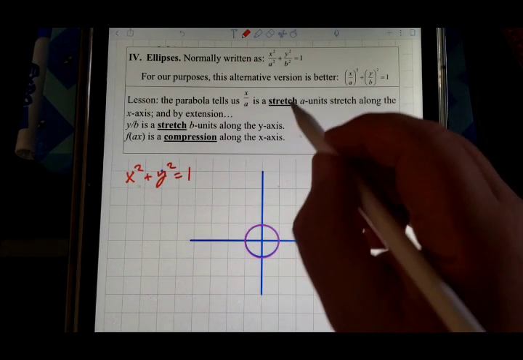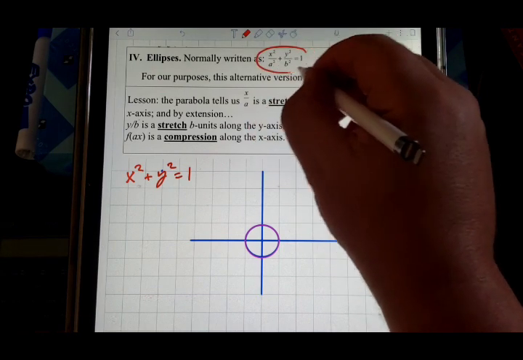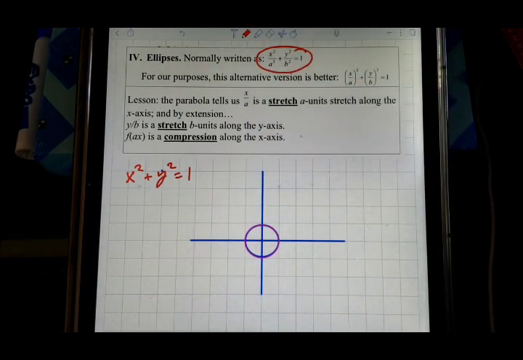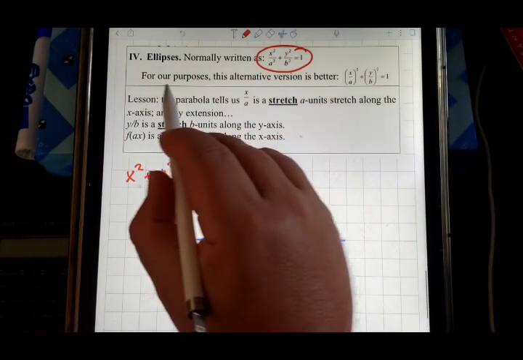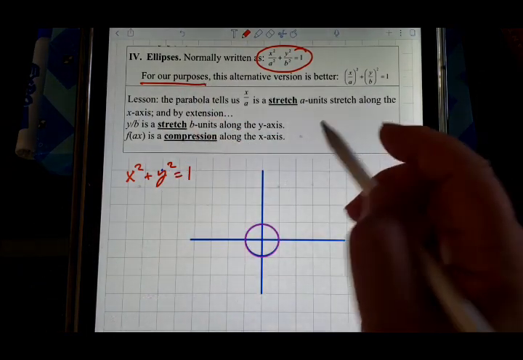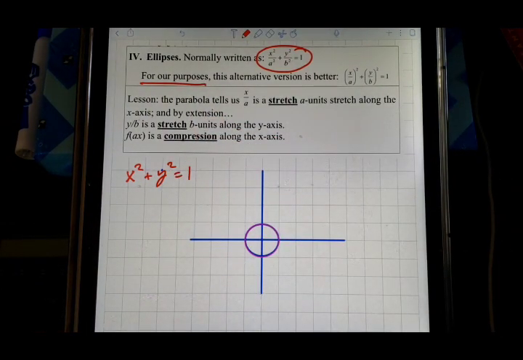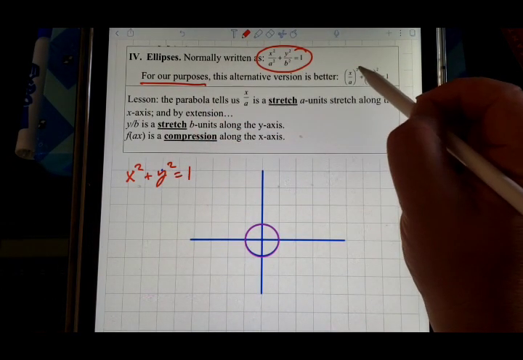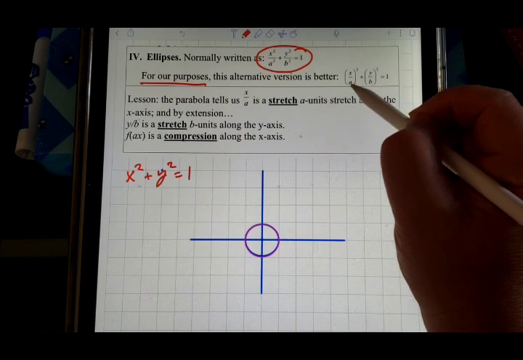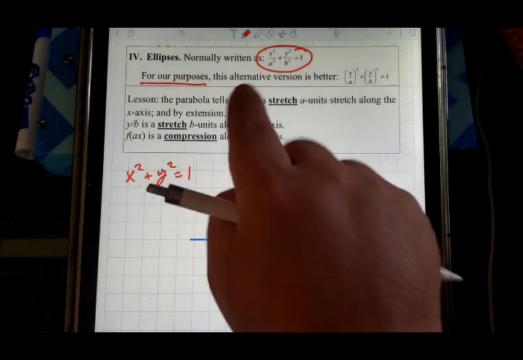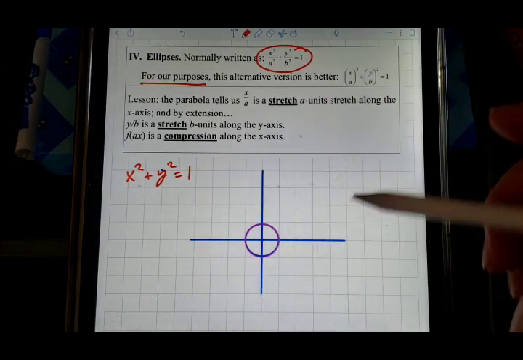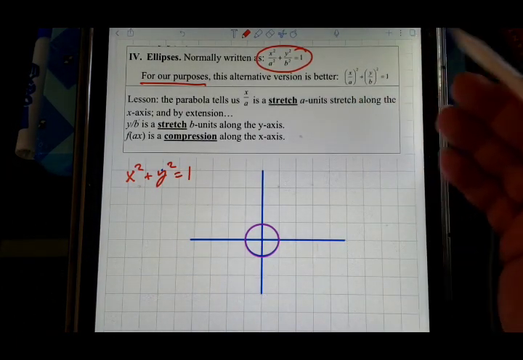So this is the way ellipses are, I say normally written, I should say always written. But for our purposes, because I want to learn what the ellipse is here to teach us, I went ahead and divided x directly by a, then squared it. I mean, they're equal. And divided y by b and squared it, they're equal.